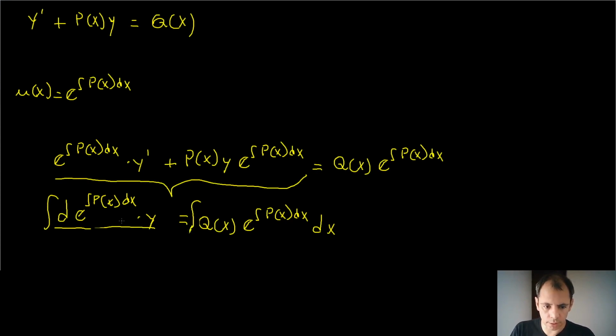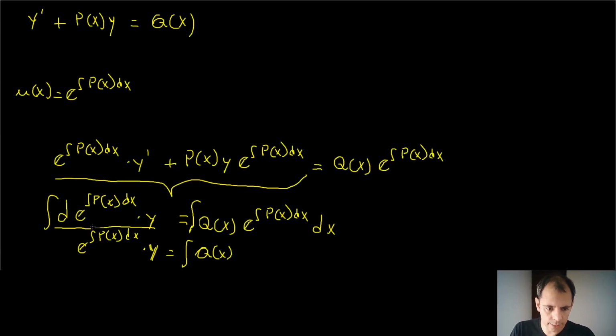And what you're going to be left with is e to the integral of px dx times y, because you just integrated this stuff, equals the integral of this. So you have the integral of q of x. I'm not going to integrate here, but you integrate it, okay?